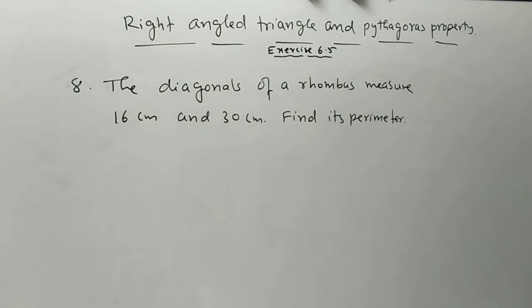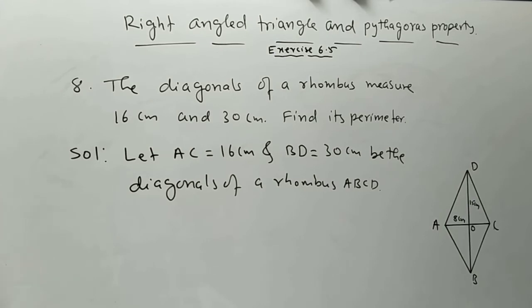Eighth one. The diagonals of a rhombus measure 16 centimeter and 30 centimeter. Find its perimeter. Let AC is equal to 16 centimeter and BD is equal to 30 centimeter be the diagonals of a rhombus ABCD.